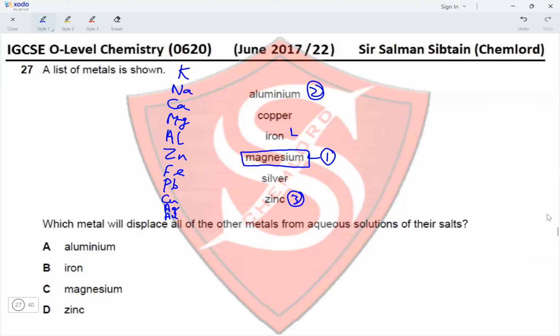Then iron, then copper, and the last one would be silver. So this is the order of reactivity of the given metals. Since magnesium is the most reactive, it will displace all the other metals from the aqueous solutions of their salts. Therefore, option C is the correct option for this question.